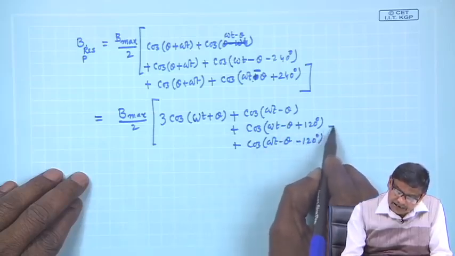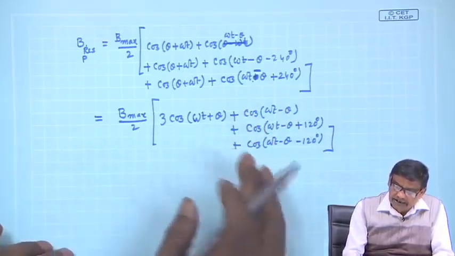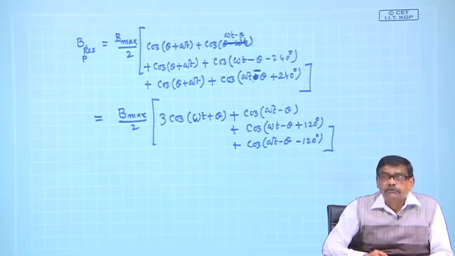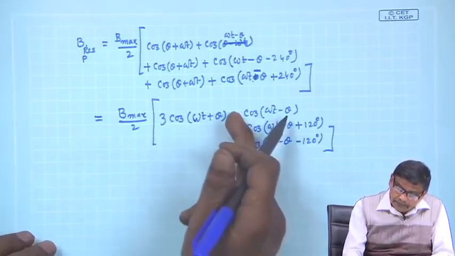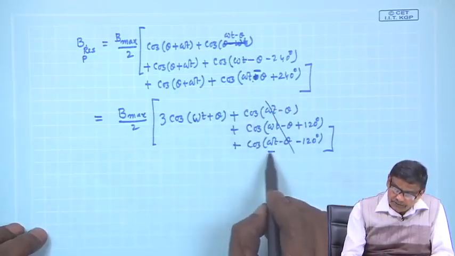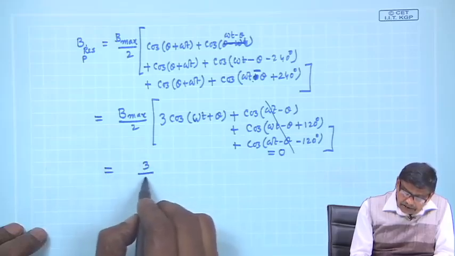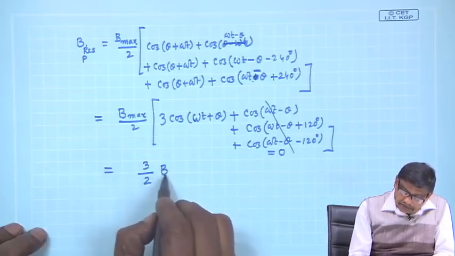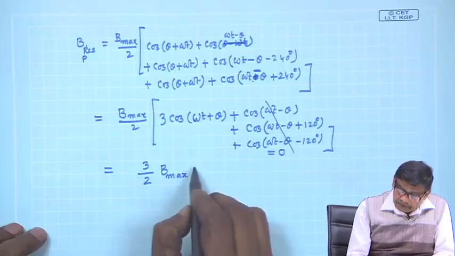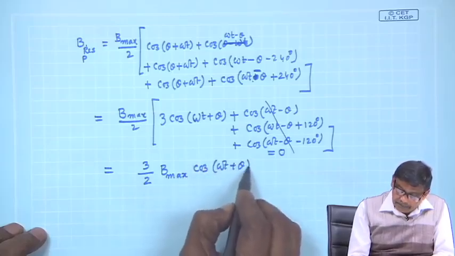So, it is like adding 3 sinusoidal or harmonically varying things with 120 degree phase displacement with the same amplitude, so this will vanish to 0 and you will be left with 3 by 2 B max cosine omega t plus theta.